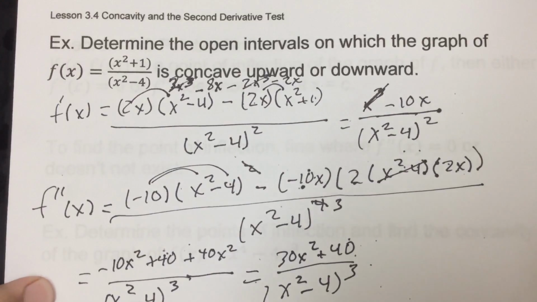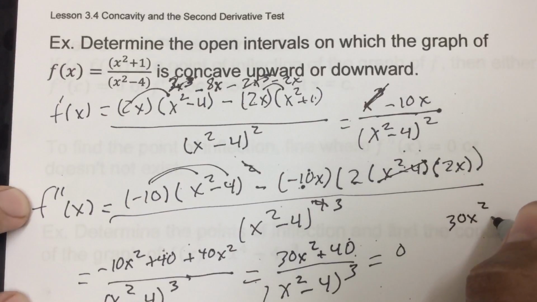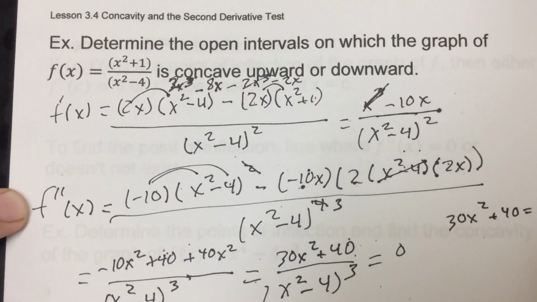So again, find the points of inflection. Set it equal to 0. So 30x squared plus 40 equals 0. Well, we would have 30x squared equaling negative 40.